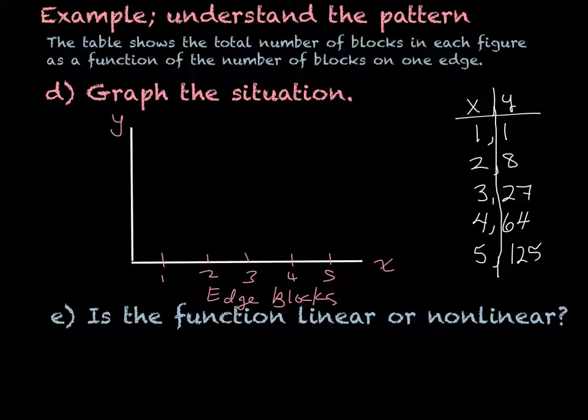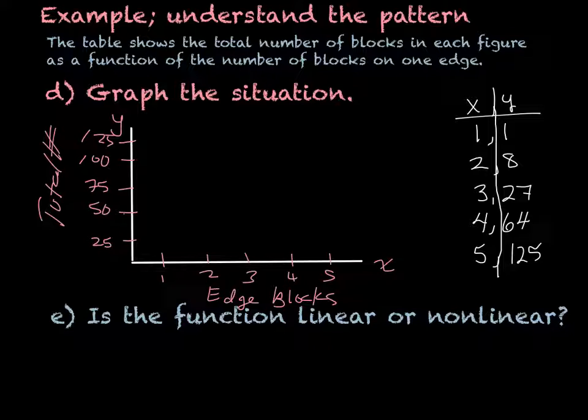And then when I go up, I've got to get up to 125, so I'm going to go by 25s. 25, 50, 75, 100, 125. That's the total number. So sketch out the graph.